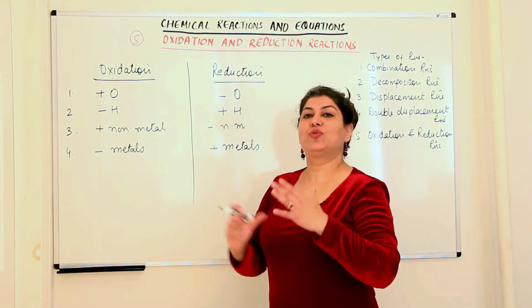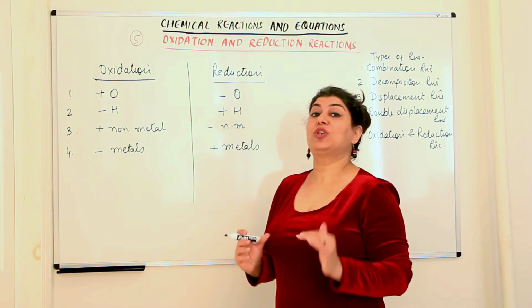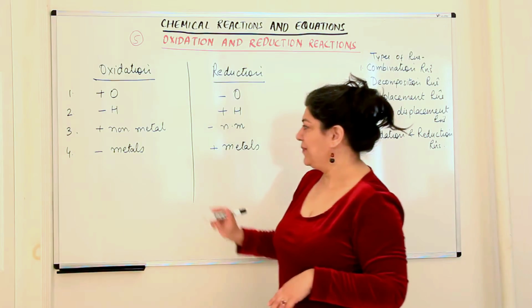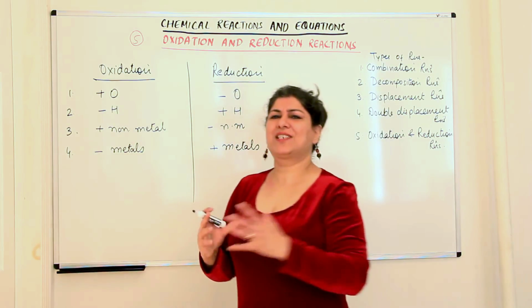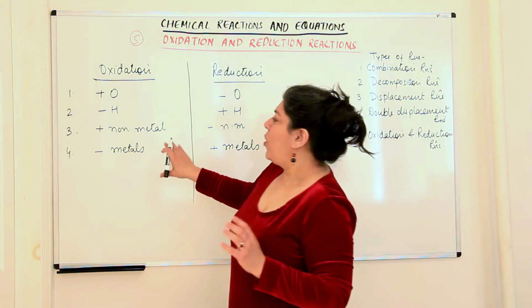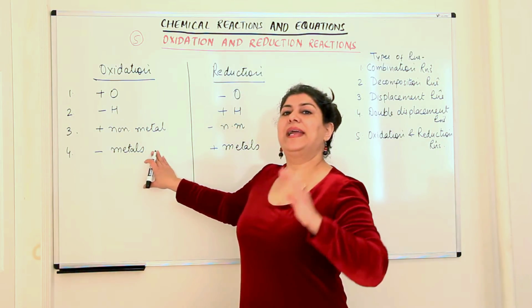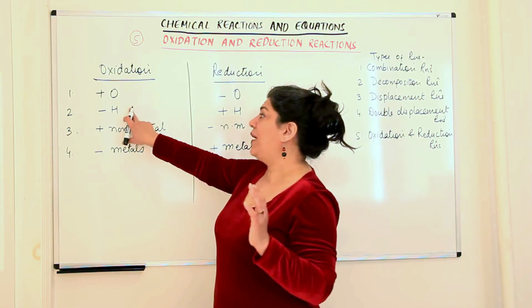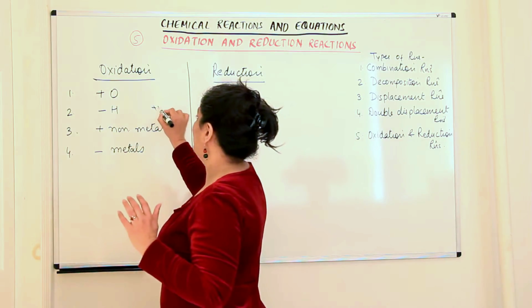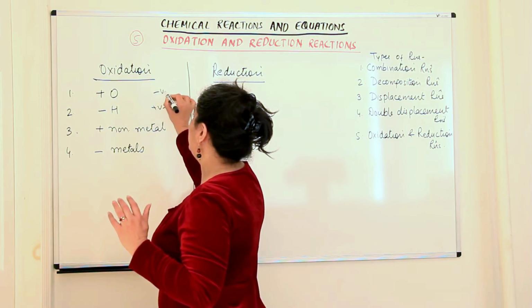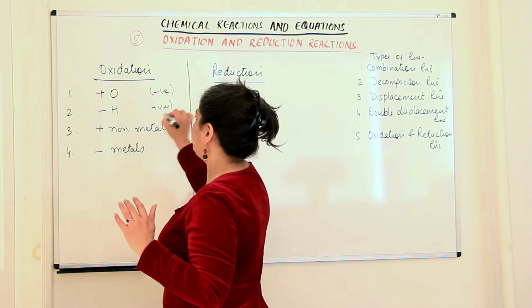But let me just give you three more definitions because these are what you would be using in class 11. It's just an expansion of the same. All metals are electropositive in nature. I told you hydrogen is positive and oxygen is negative by nature.